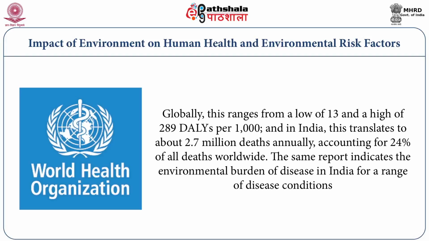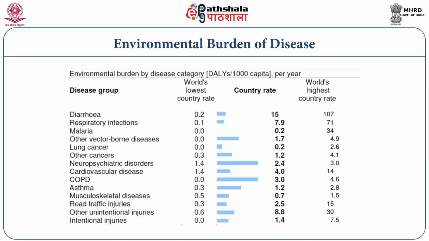The same report indicates the environmental burden of disease in India for a range of disease conditions. Here we will see that various disease groups have been looked at from the point of view of the number of DALYs lost, both in India and globally. For example, for the number of DALYs lost due to diarrhea, the world's lowest country rate is 0.2 DALYs per 1,000 population.